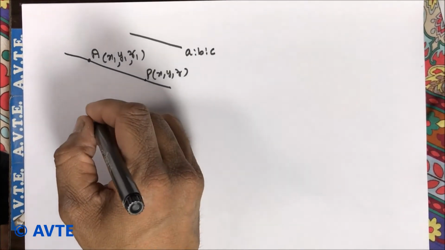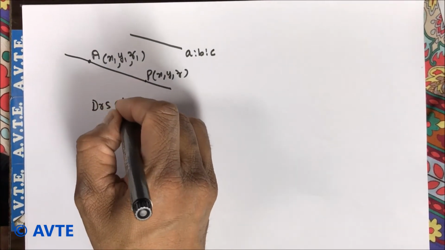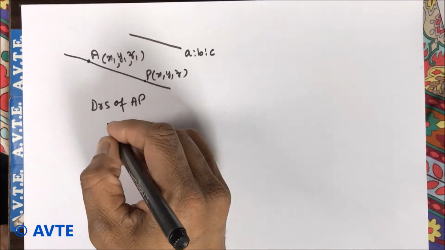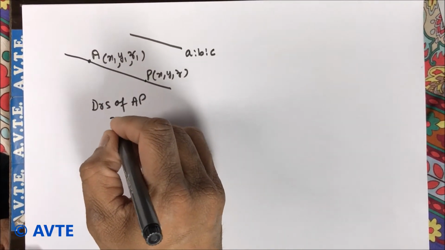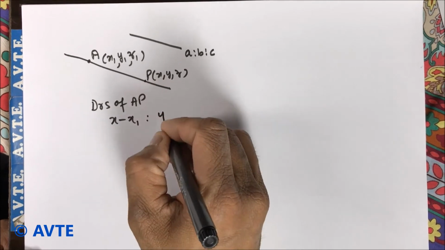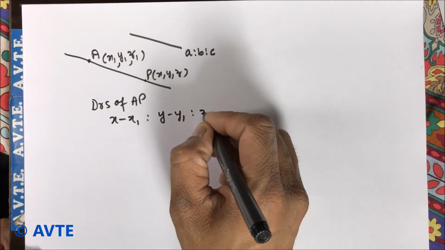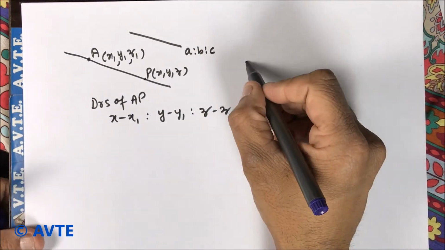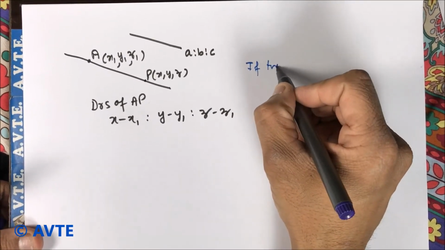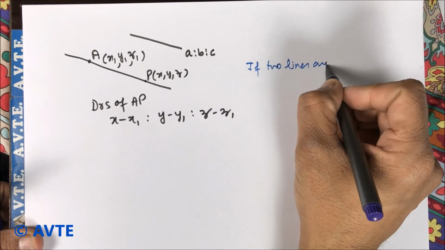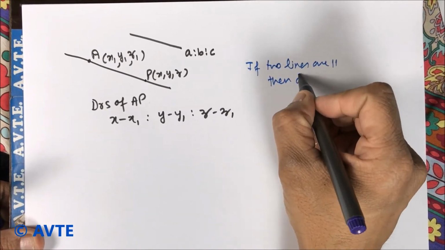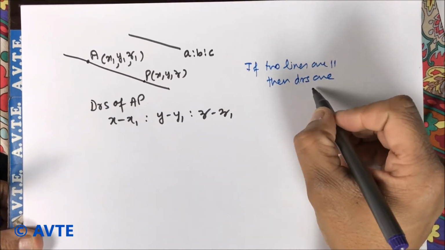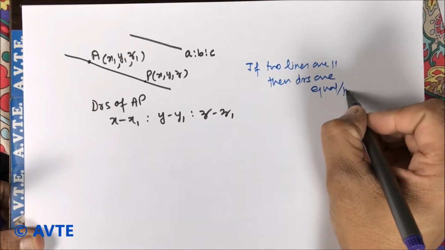Now, what are the direction ratios of AP? It is very simple. x minus x1 is to y minus y1 is to z minus z1. At the same time, if two lines are parallel, then their direction ratios are equal or proportional.